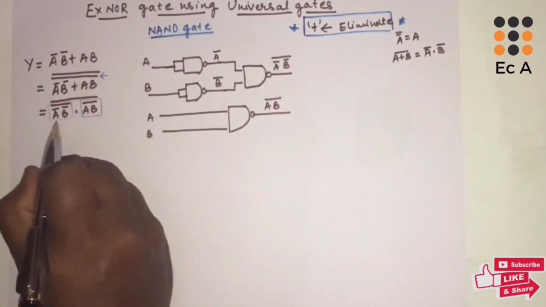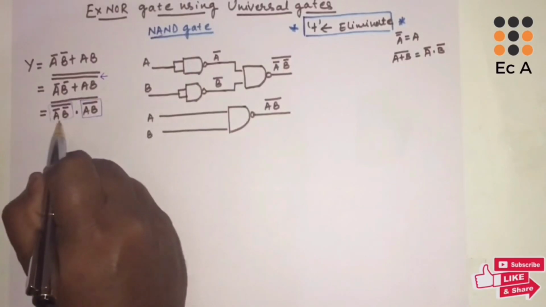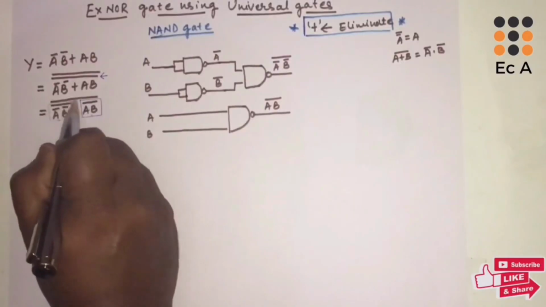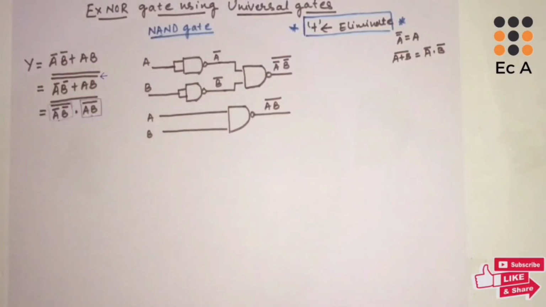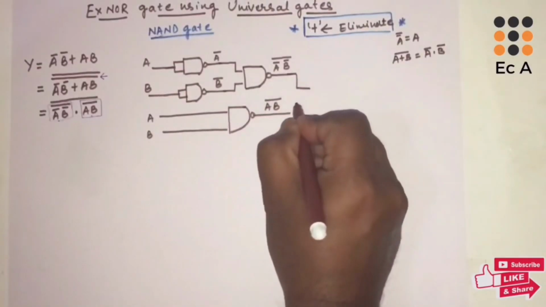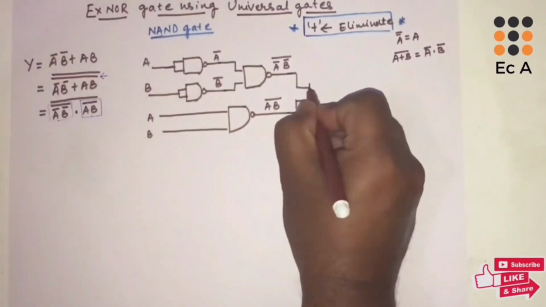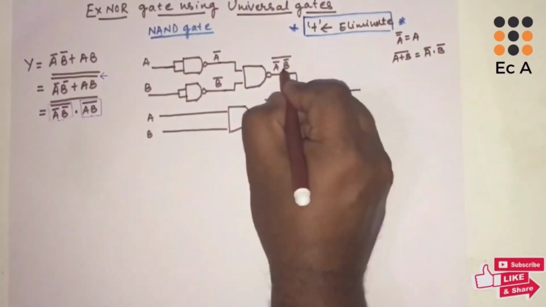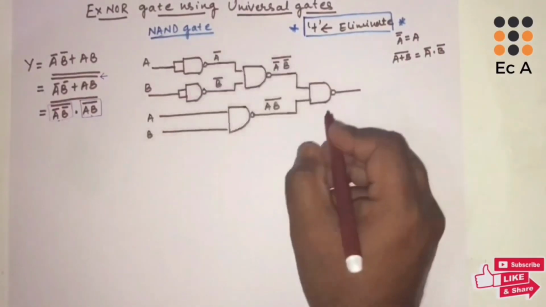So what we need to do? You can see we got the first term, we got the second term. (First term dot second term) whole bar is one more NAND operation. So let us write one more NAND gate, and the output of this NAND gate will be (first term dot second term) whole bar.